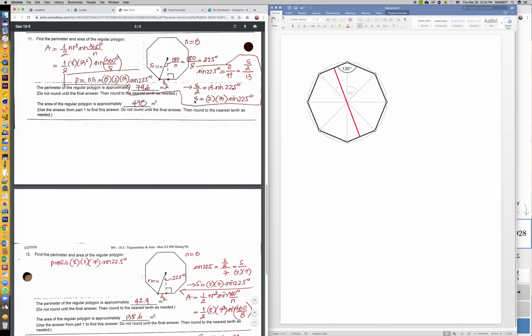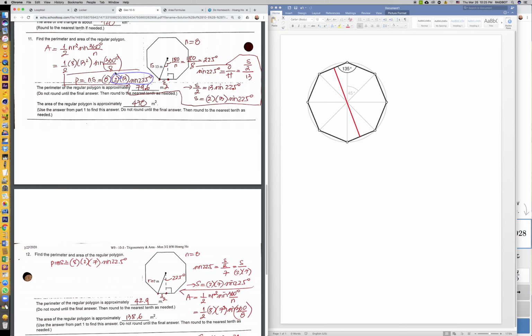Alright? So now I substitute the value of s, 2 times 13 times sine 22.5, into my formula over here. Okay. So 2 times 13 times sine 22.5 degrees right here. Here we go. And all I need is to punch in the calculator. So I got 79.6.